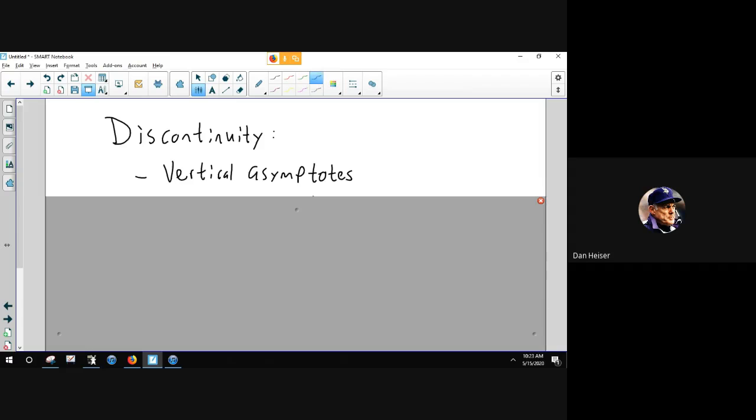For example, I'll just sketch a little graph here. Something maybe like this. Something like this. And like so. Here is a discontinuity, something that causes the graph to not be continuous.